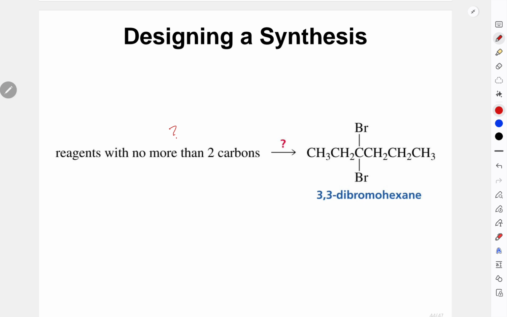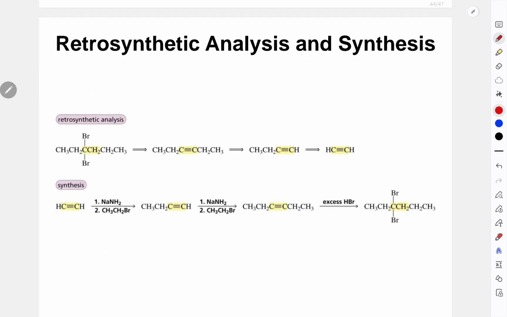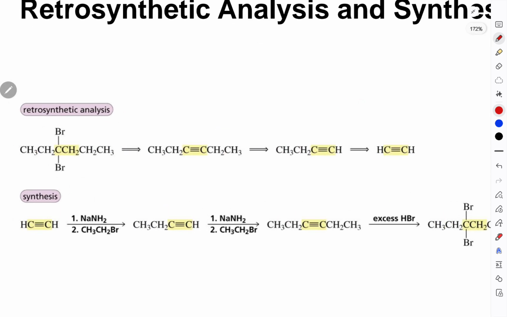And this is the retrosynthetic and synthetic pathway, right? So to make this geminal dihalide, you can think of the alkyne, right? So if you add excess HX, in this case HBr, then the addition of HBr twice can give you a geminal dihalide. This is what we studied in our alkyne chapter, the very first reaction we covered. Right? And to make this internal alkyne, you can also think of the terminal alkyne in this series.